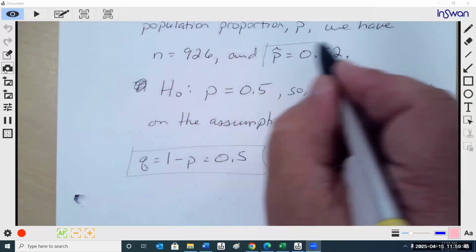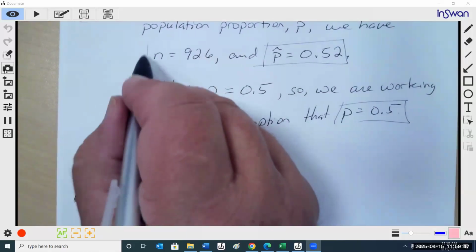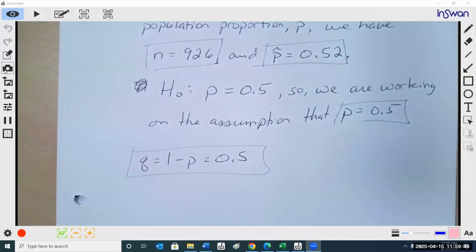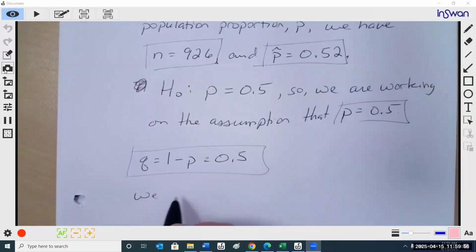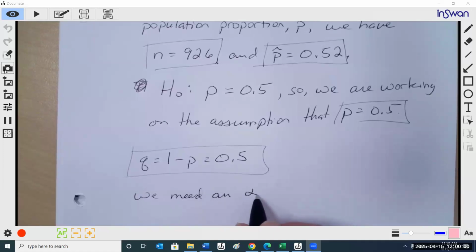We have p hat is 0.52. We have n. What else do we need? Oh, we need an alpha.